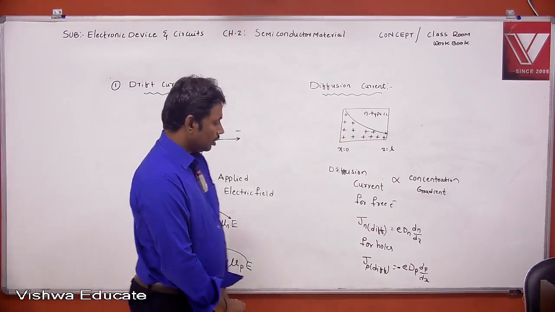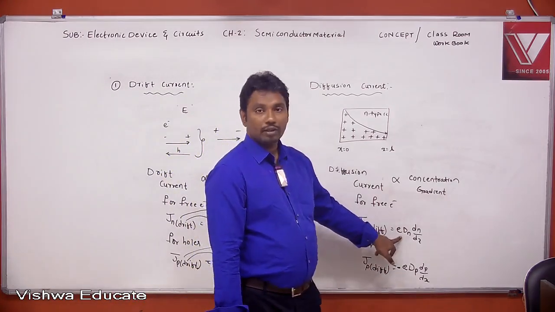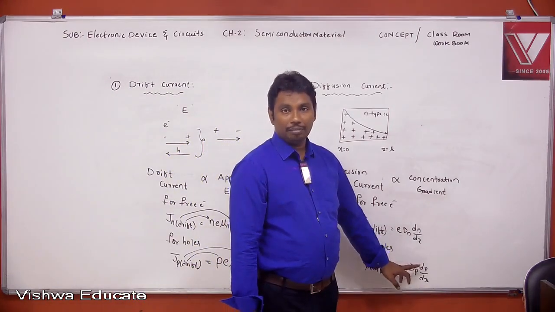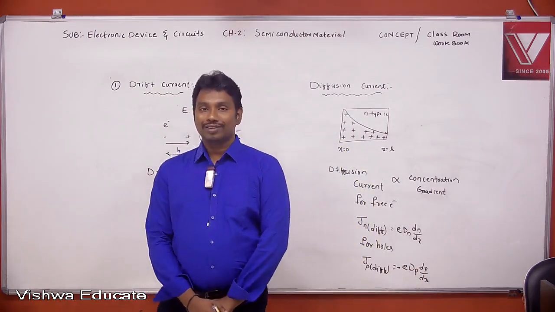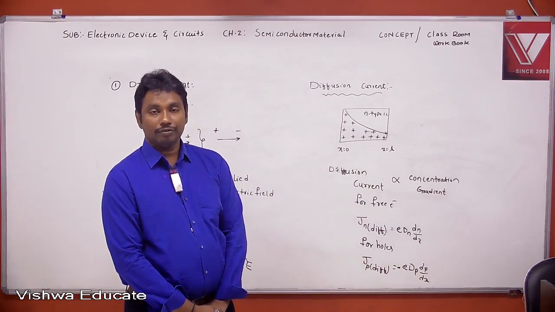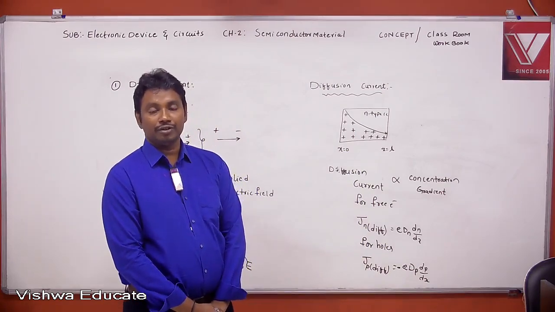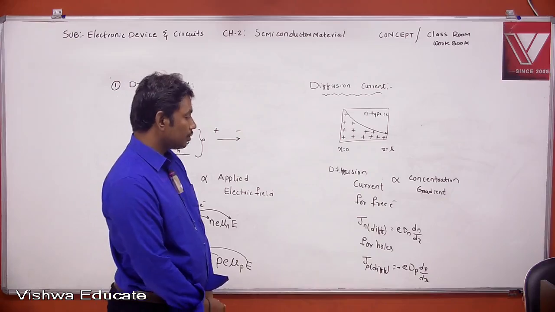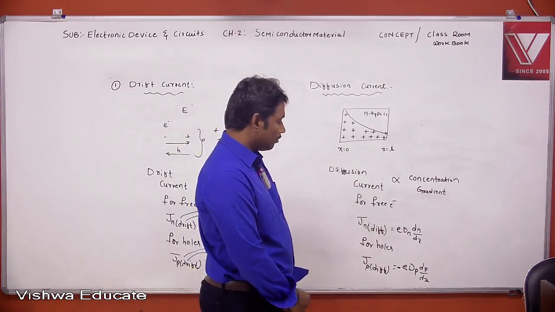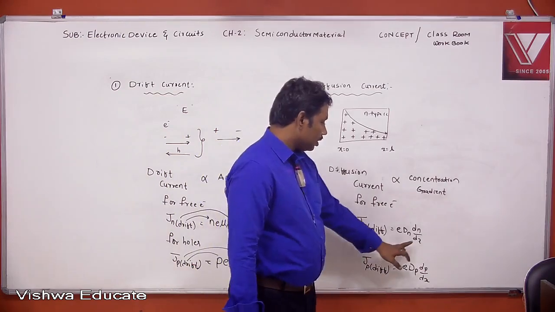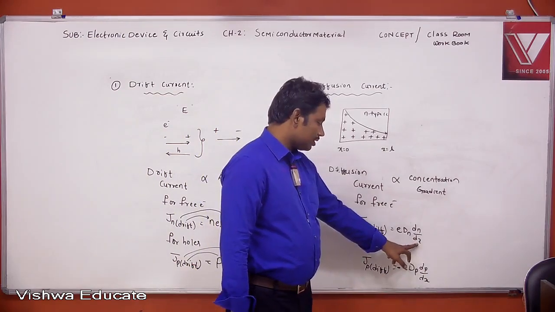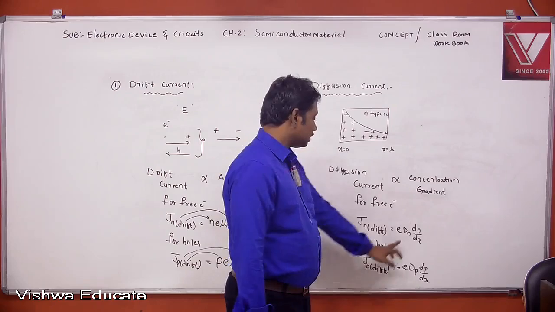Write down where Dn, Dp are diffusion constants or diffusivities. I told you dn by dx is nothing but concentration gradient and e is the charge of an electron, that you know.